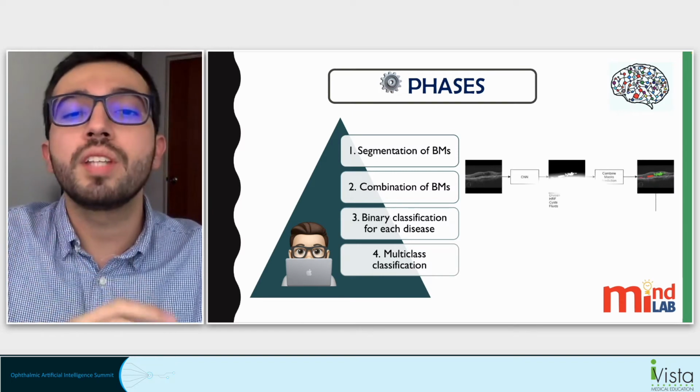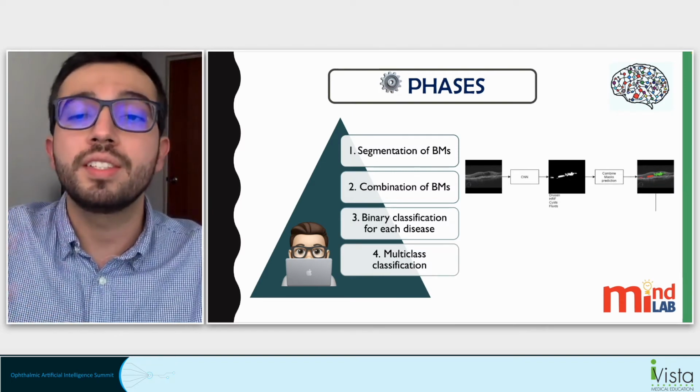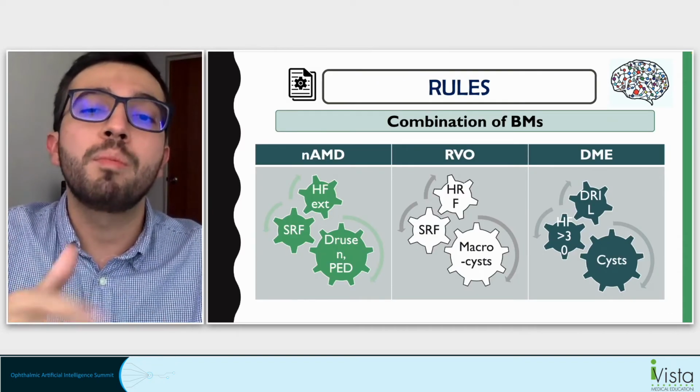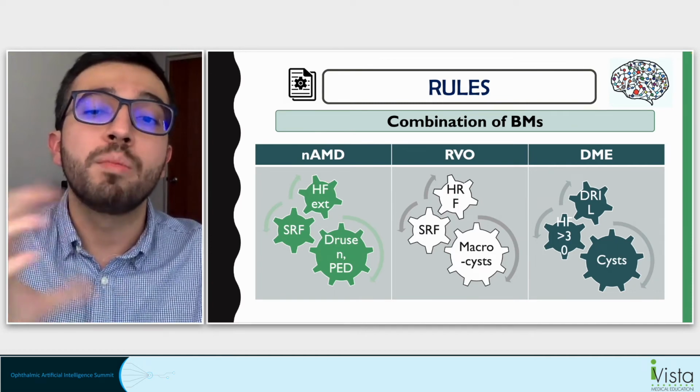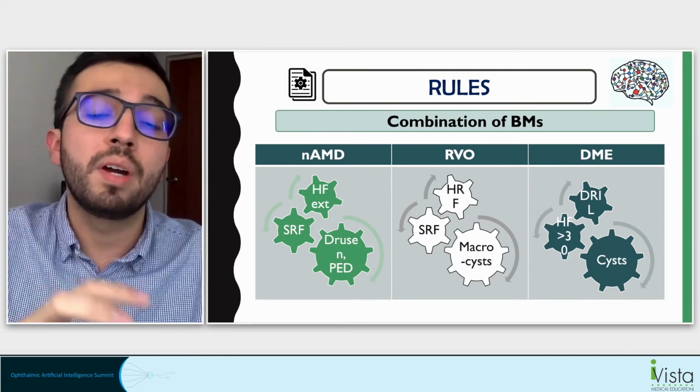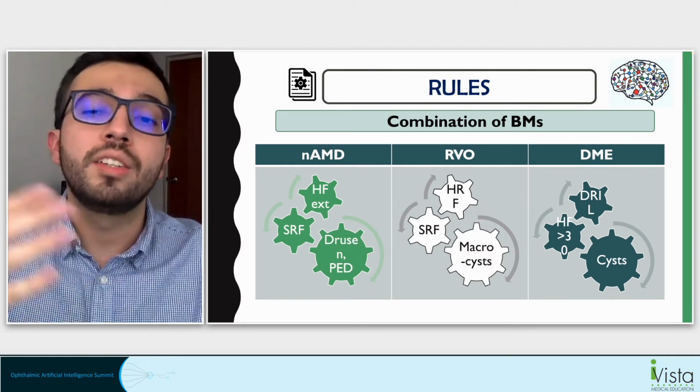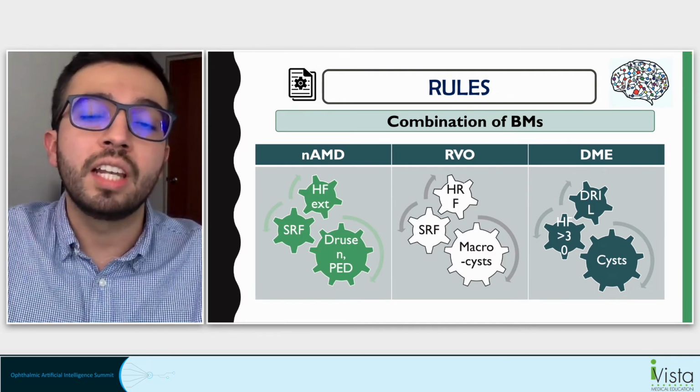The next phase was the combination of biomarkers in a single image. As we have previously discussed, the importance of the association of biomarkers in order to determine the underlying pathology.